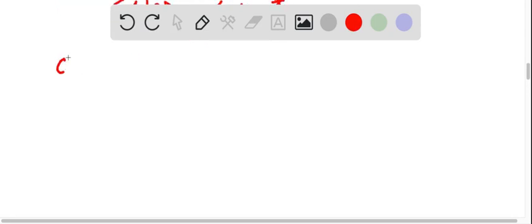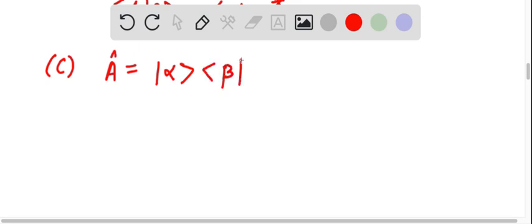C part is given. The A operator is defined as |alpha⟩⟨beta|. So let's find out the value of this by taking the multiplication on these.